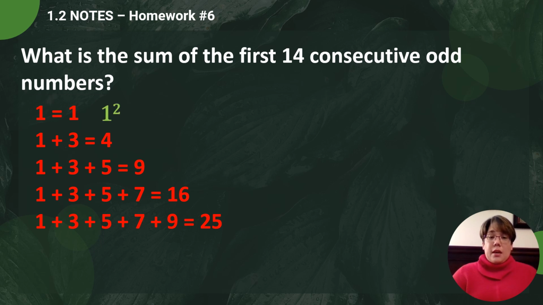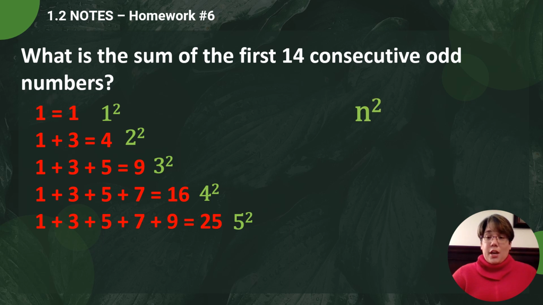So it turns out that the first number is 1 squared, 2 squared, 3 squared, 4 squared, 5 squared, and so on. So this question is really just a matter of taking whatever number they're asking you for and squaring it, and you get the answer.